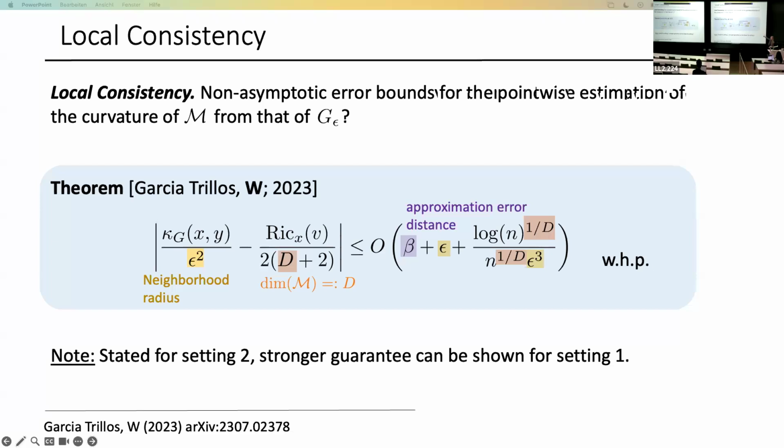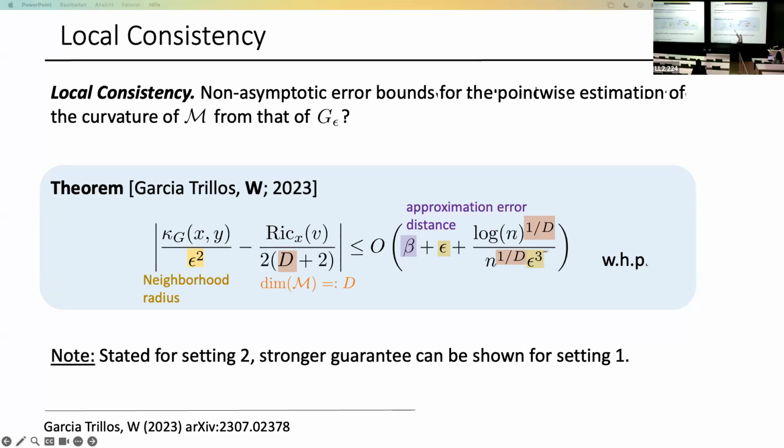And importantly, those are non-asymptotic consistency results, so we can get an actual error bound. Of course, I won't be able to do the proof here. You can find it in the paper. But just to explain how this result looks. We have A sub G, the discrete Ricci curvature that we can measure on the similarity graph.